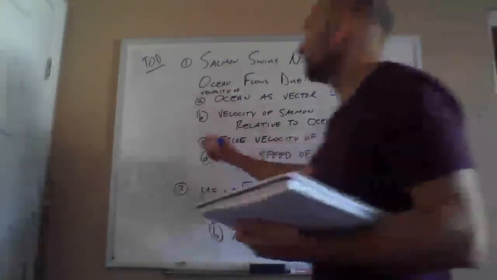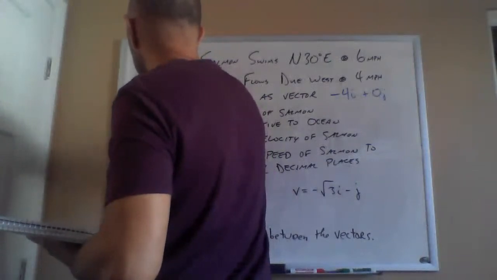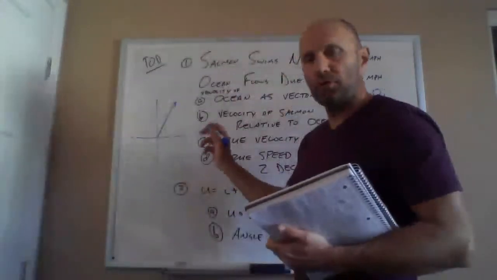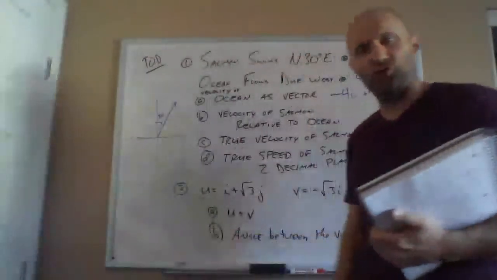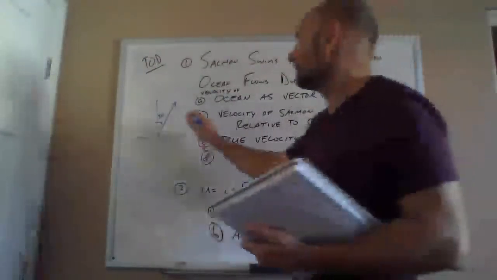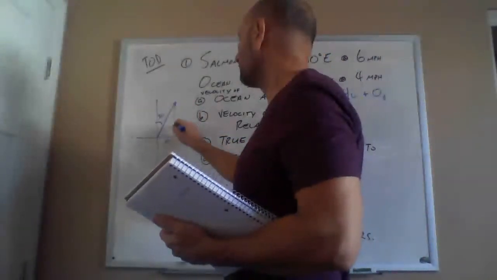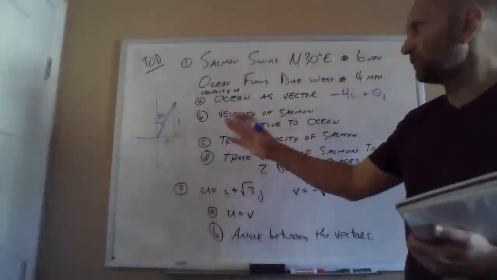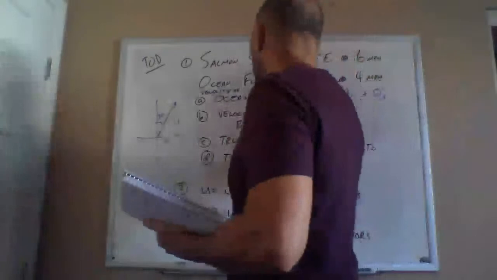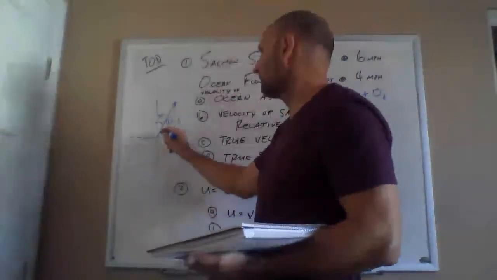Now the salmon is going north 30 degrees east. So the 30, still the same, has to touch the y-axis. So what I need to figure out is my A and B. So how much left and right, and at a speed of 6, the length of that side would be 6.